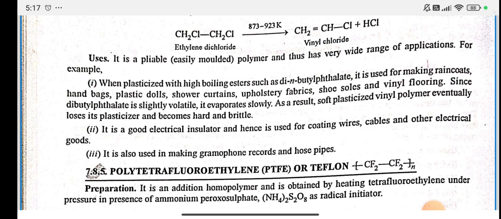Since dibutyl phthalate is slightly volatile, it evaporates slowly. As a result, soft plasticized vinyl polymer eventually loses its plasticizer and becomes hard and brittle. It is a good electrical insulator and hence is used for coating wire, cable and other electrical goods. It is also used for making gramophone records and hose pipes.